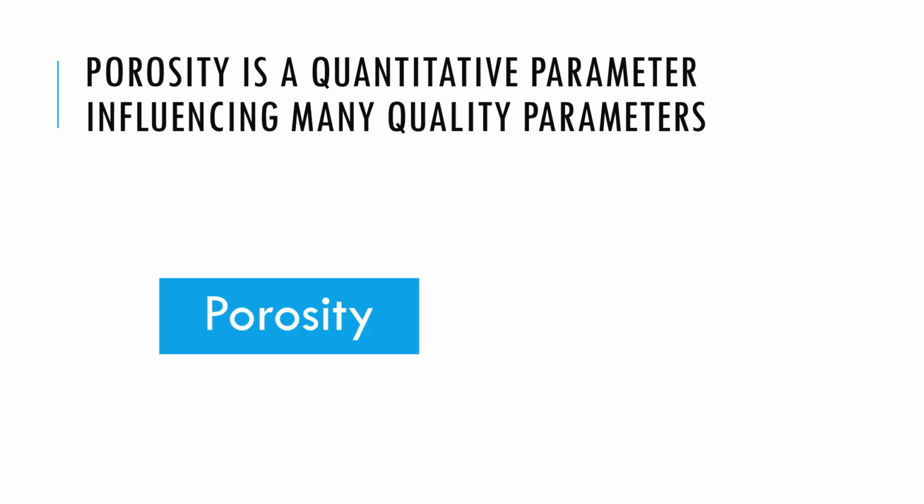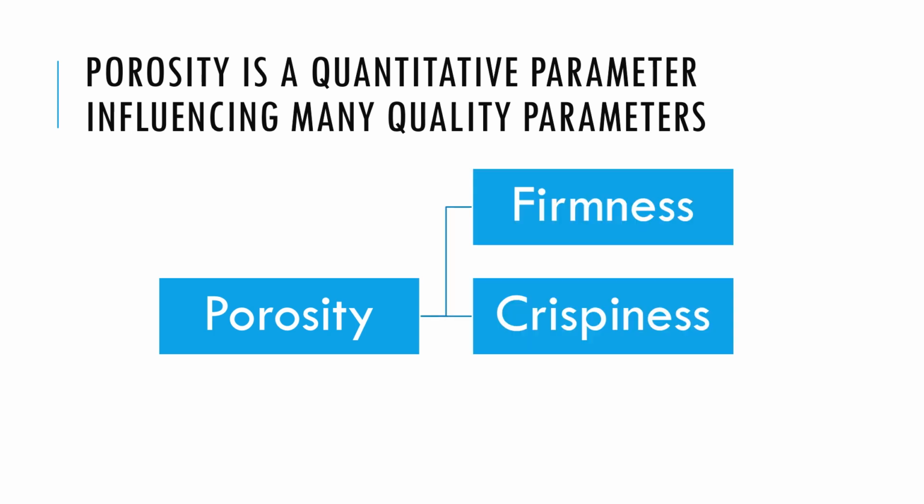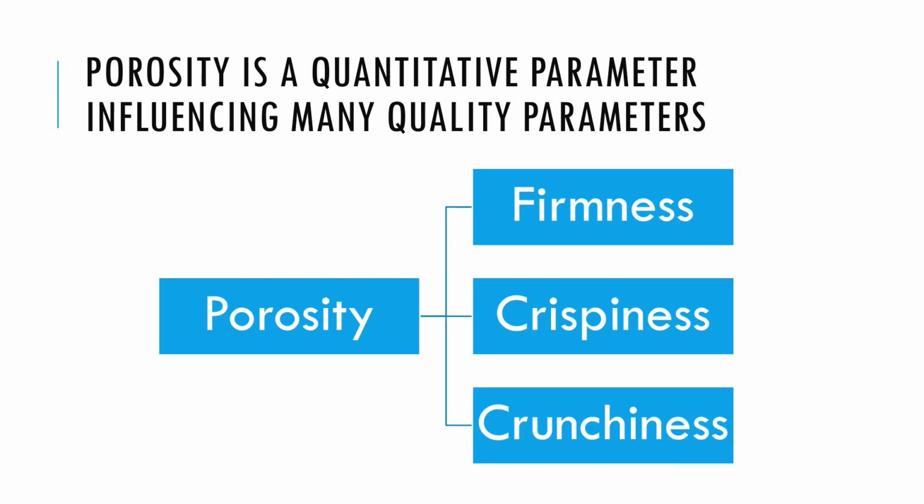Why are we after porosity? Porosity can be a measure of firmness, crispiness, and crunchiness, for example. So porosity can come from the process model itself, and let's see how.